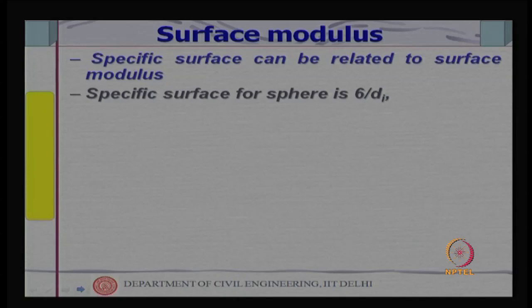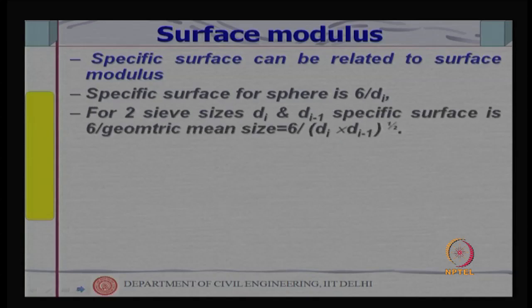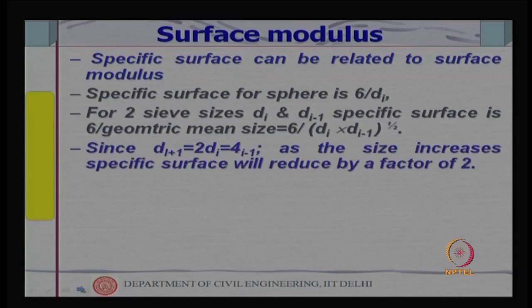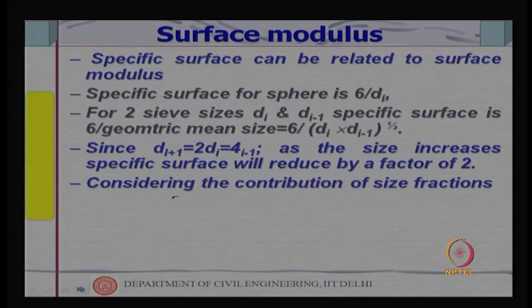Here we are defining the specific surface as the surface area divided by volume, surface area per unit volume. So, specific surface for each particle can be defined, and then we can define the surface modulus again in terms of a kind of weighted function, and we will look into this in the next class.